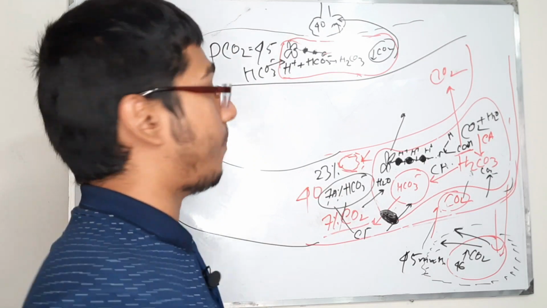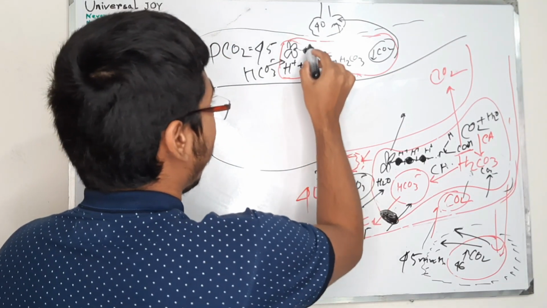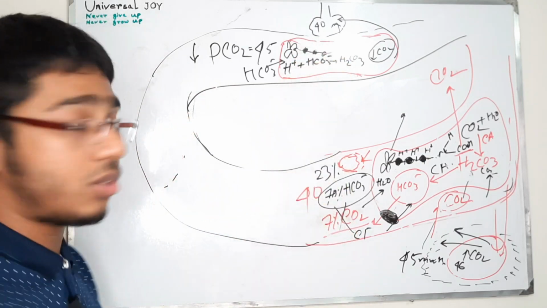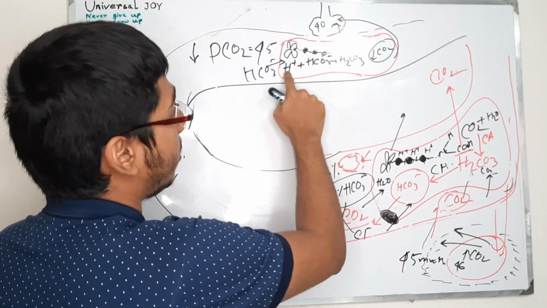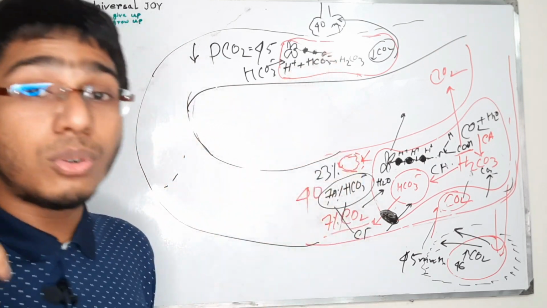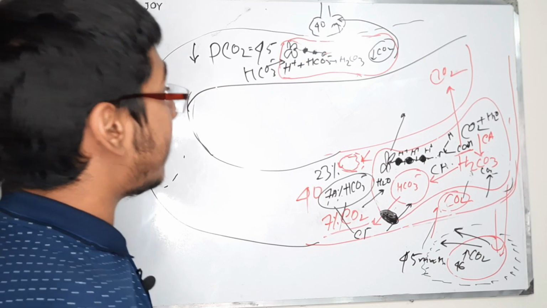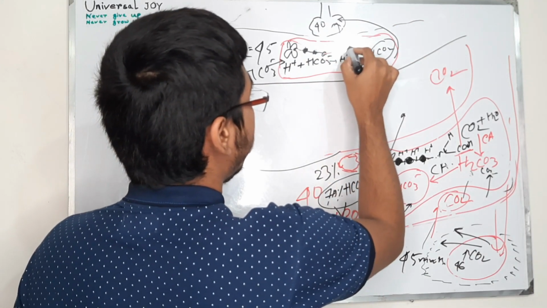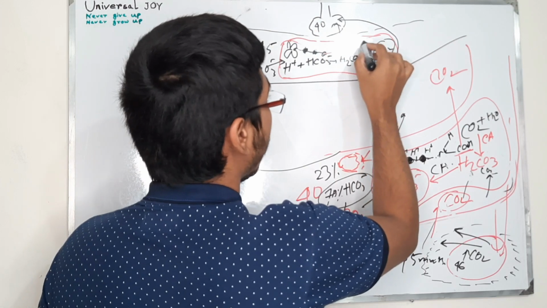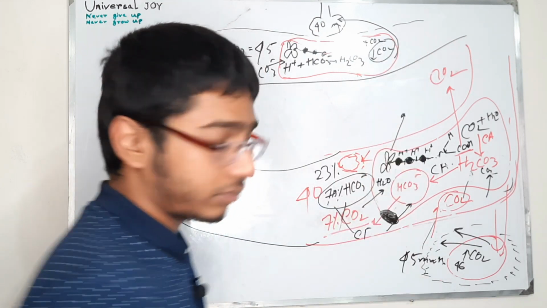Again, this reaction will be catalyzed by which enzyme? Carbonic anhydrase enzyme. So, hemoglobin has kicked out H plus, and now this H plus has undergone association with bicarbonate, and has produced H2CO3. Now this H2CO3 will be dissociating, and it will be generating H2O and CO2.